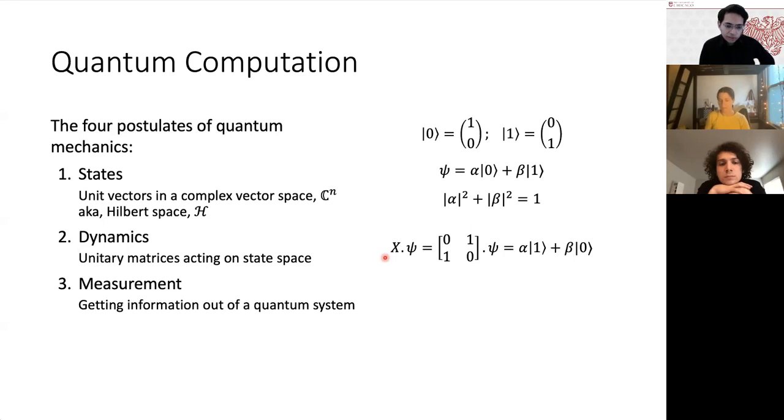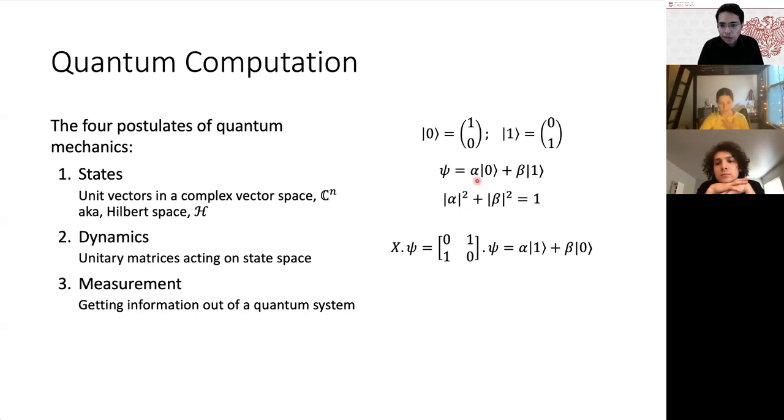The third postulate describes what happens if we, as an external observer, want to get information out of the system. That is called measurement. I'll not describe in too much detail what that does, but the idea is that it says how the final outputs when you measure a vector like this correspond to the probabilities with which you get them.